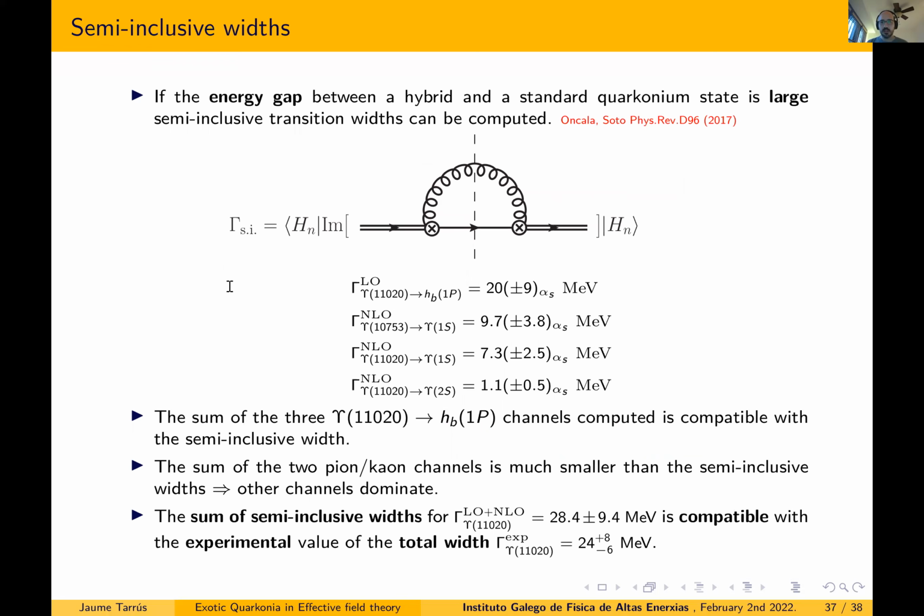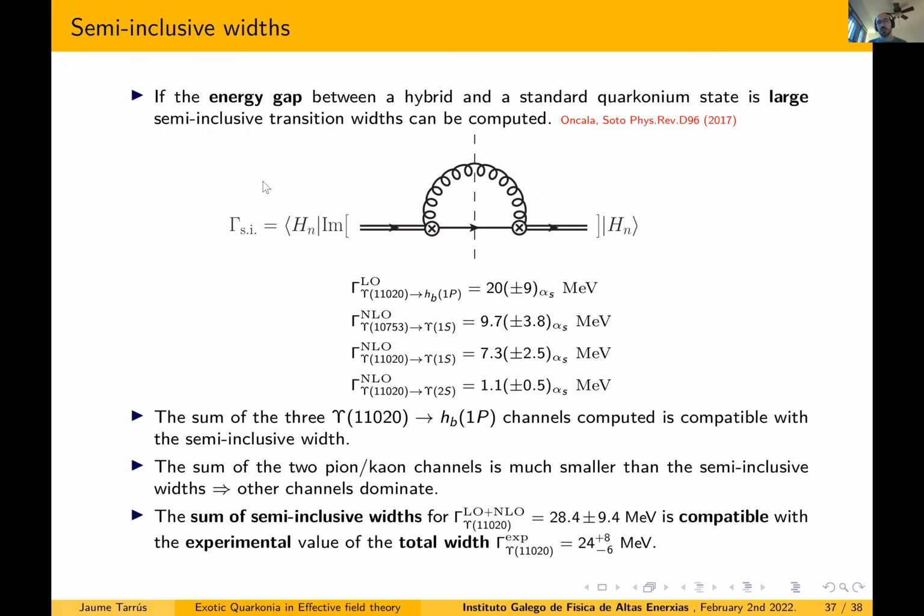And finally, there is one extra possible computation, which is the computation of semi-inclusive widths for some of these transitions. The idea is that when the mass difference between the initial exotic and the final standard quarkonium state is large enough, then this gluon emitted by the heavy quarks going from an octet to a singlet state is energetic enough that one can treat it in perturbation theory.